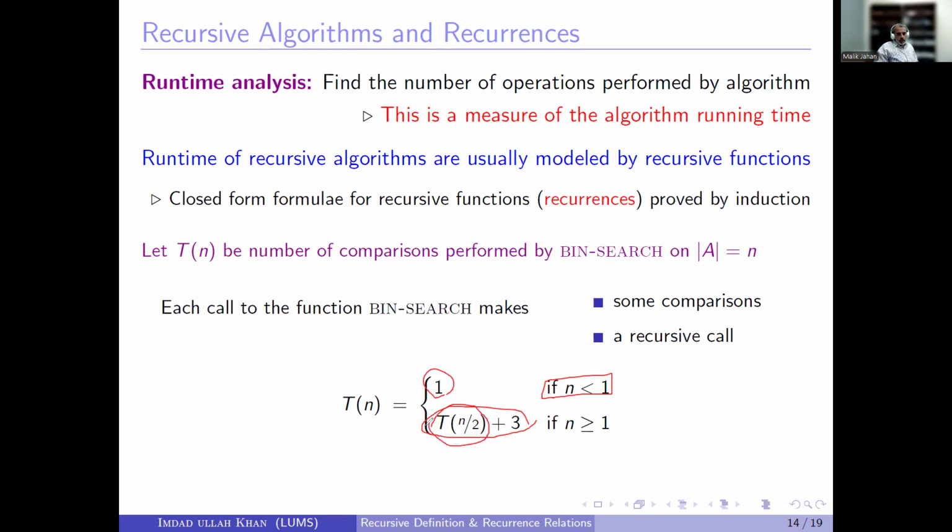So we'll be working on this computation of the number of steps required by binary search after a while. This formulation is called recurrence. Recurrence is primarily the formulation of the number of steps required by a recursive function or recursive algorithm.